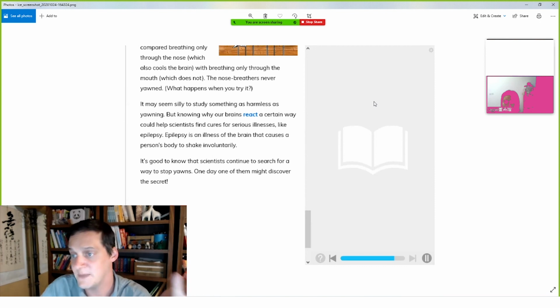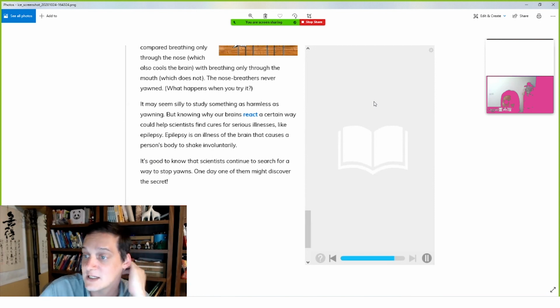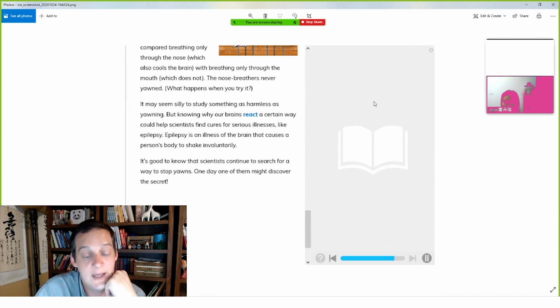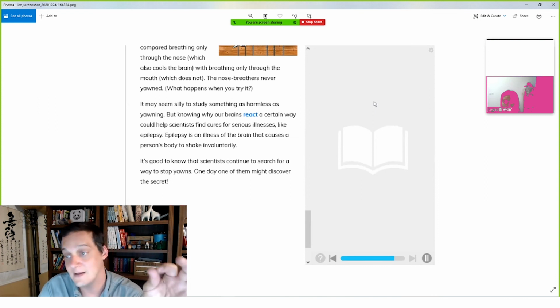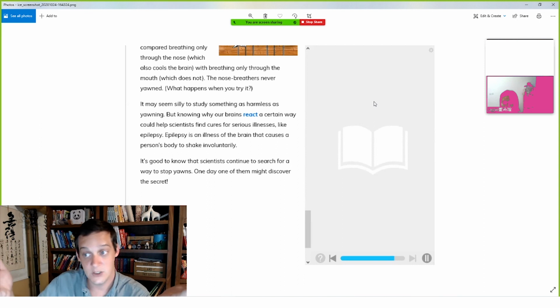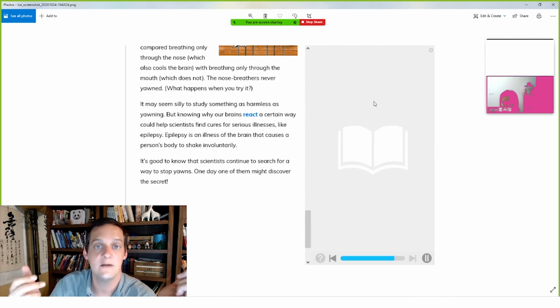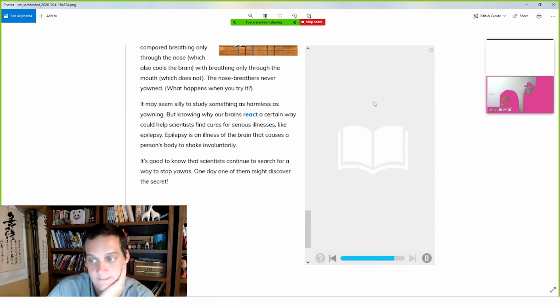But this is, of course, epilepsy, which is something that happens in some people. It's just something they can't control, and it's not something that goes away. It comes, and it's a pretty serious thing. So they are trying to learn about all the things with the brain. If they can learn something like why we yawn, then that may be related. It may have something to do eventually with what causes epilepsy or some other kind of sickness with the brain.